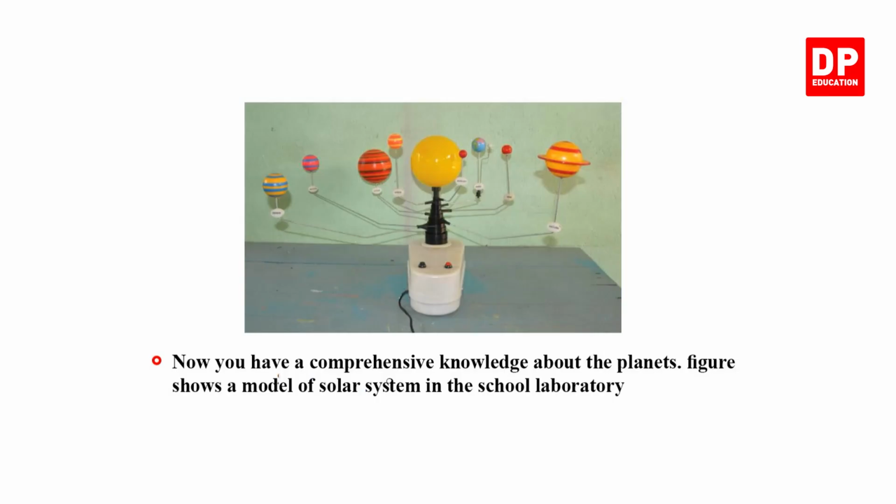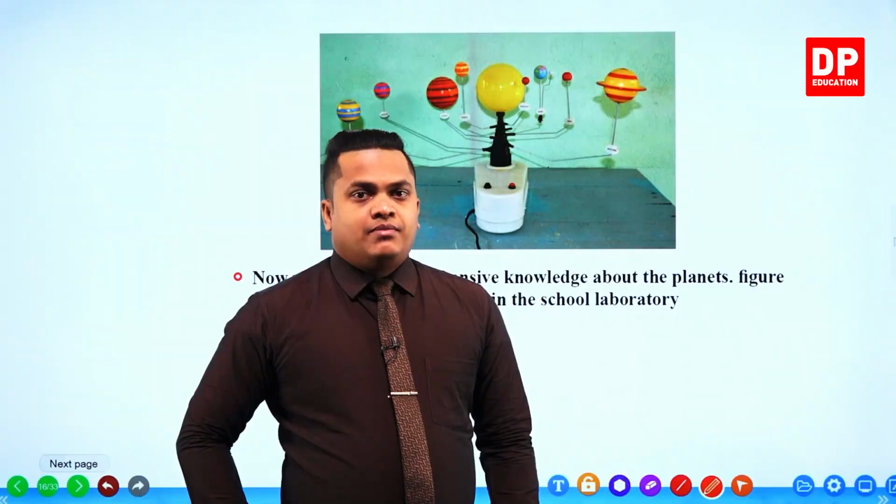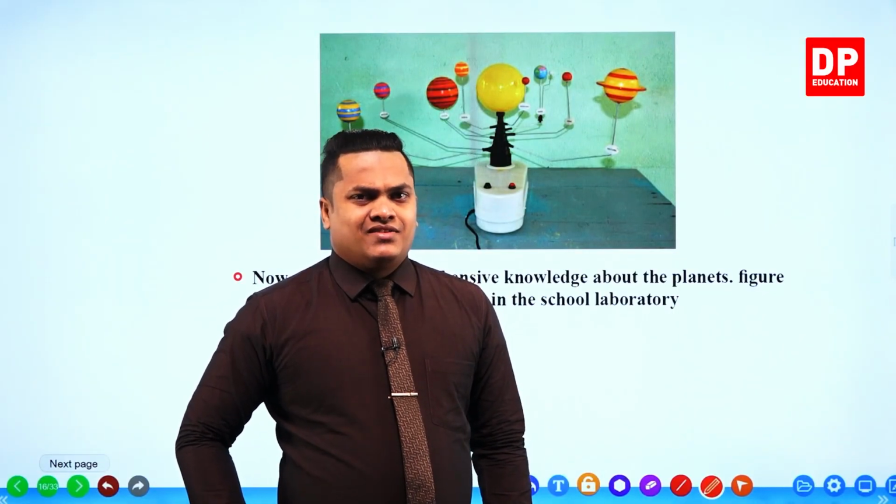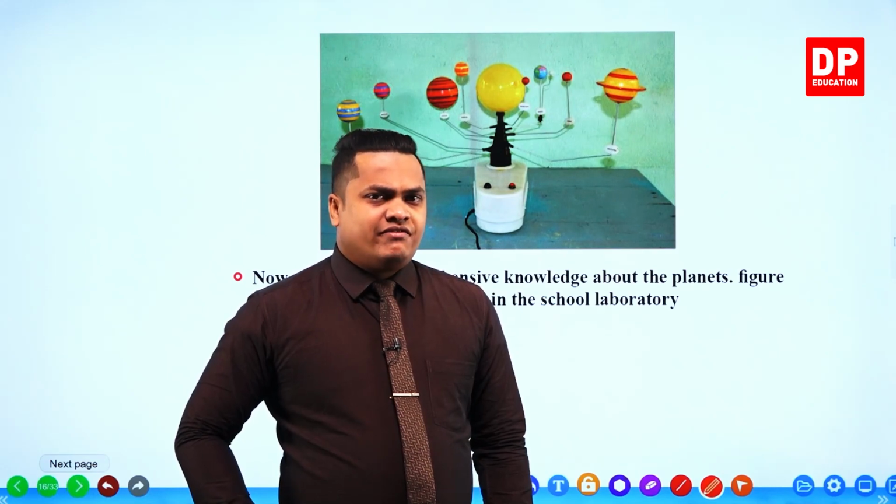So as you can see here, this is for you guys. You can do it at your school or outside the house, in a playground or at your home garden. You can do this by collecting several students or friends of yours.